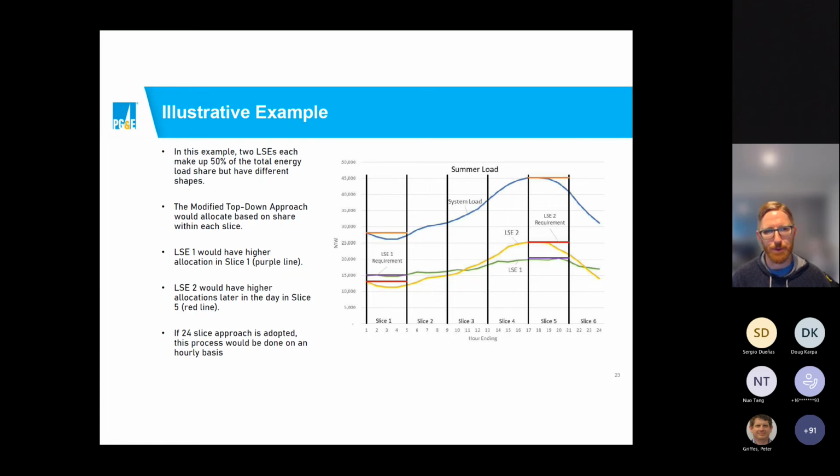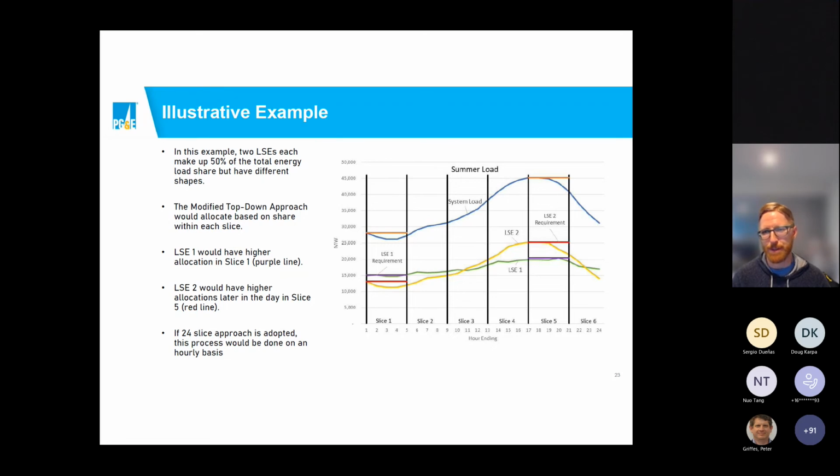If you look at slice 1, for instance, you would have LSE 1, which is in the green. Their requirement would basically be set at where that purple line is. And then you have LSE 2, which would be set at where that red line is, right? So in that particular slice, LSE 2 has a requirement that's less than what LSE 1 does.